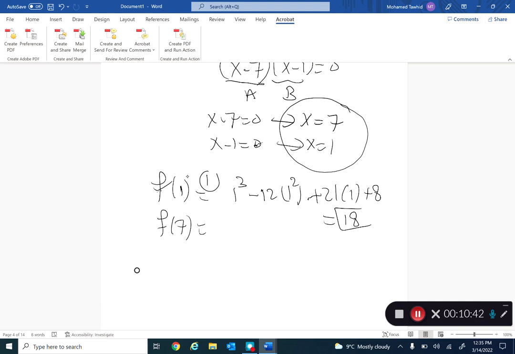Even if you don't know the domain, f of 1 is finite, which means 1 is inside the domain. F of 7 is 7 cubed minus 12 times 7 squared plus 21 times 7 plus 8. If I use technology for this, I get minus 90. It's still finite, so 1 and 7 are inside the domain.